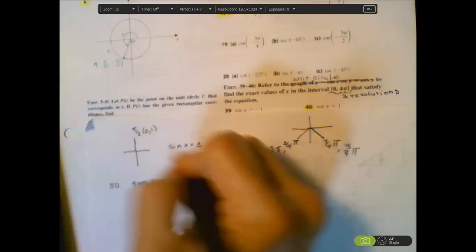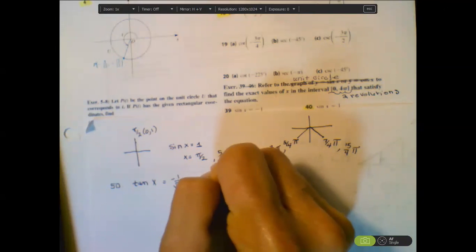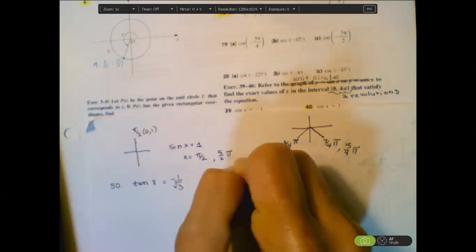Let me show you how I think about that. Number 50 says, I want all the angles where tangent is negative 1 over square root of 3. And my answer has to be between negative pi over 2 and 3/2 pi.